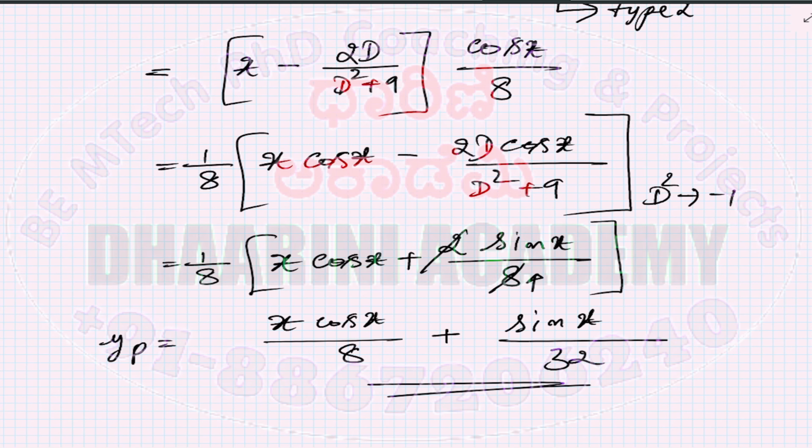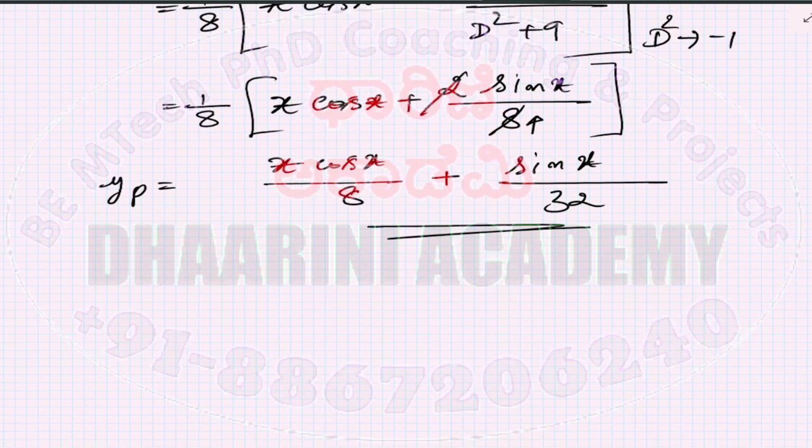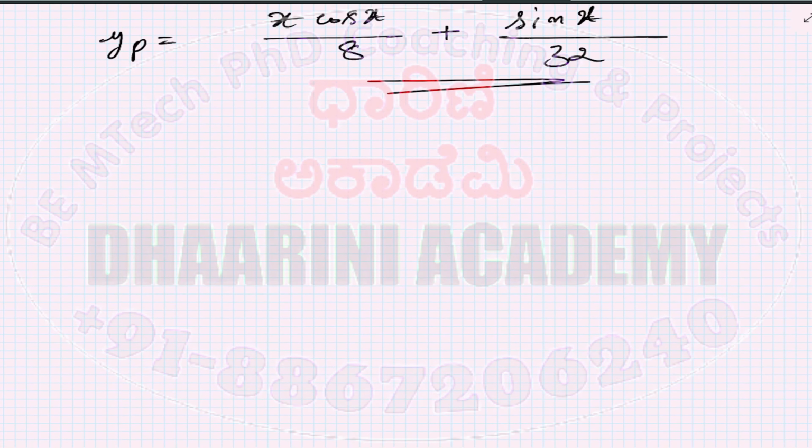All right, now we'll go to the solution of a complete differential equation. Let's say the equation given is y double dash plus 16 times y is equal to x sine 3x.